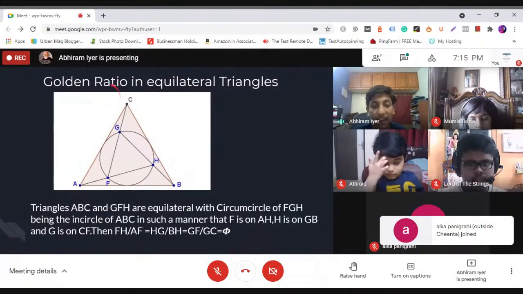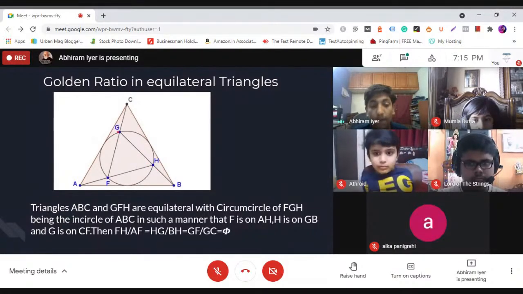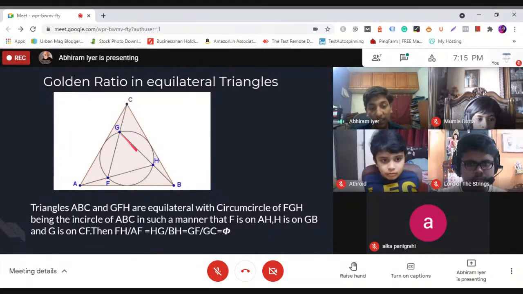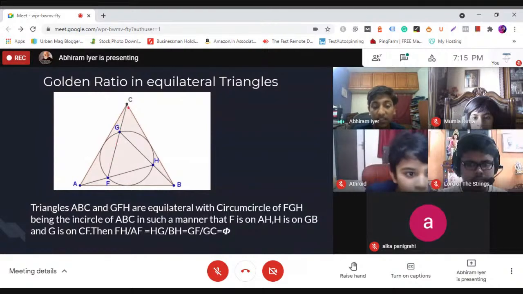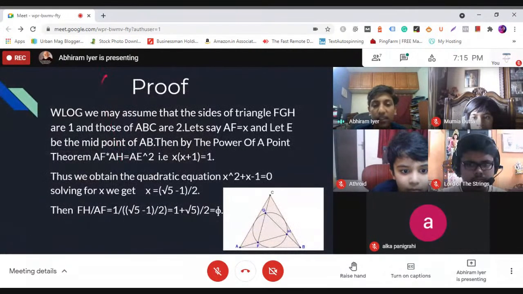Here ABC and FGH are two equilateral triangles such that the circumcircle of FGH is the incircle of ABC, and in such a manner that F is on AH, H is on GB, and G is on FC. So we get this relation that FH by AF is equal to GH by HB is equal to GF by GC, which is equal to our famous golden ratio. So let's see the proof of it.